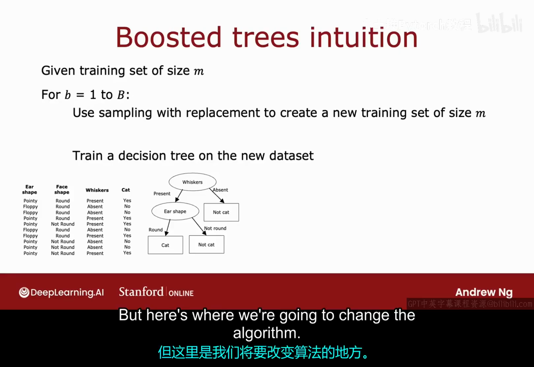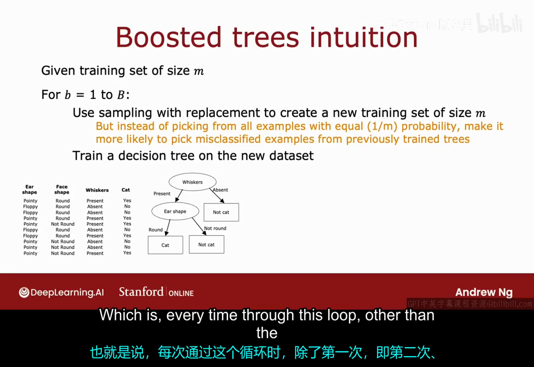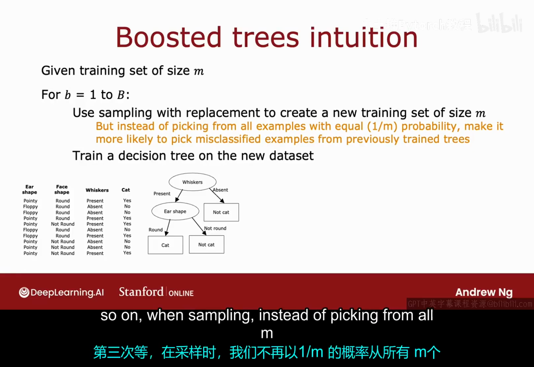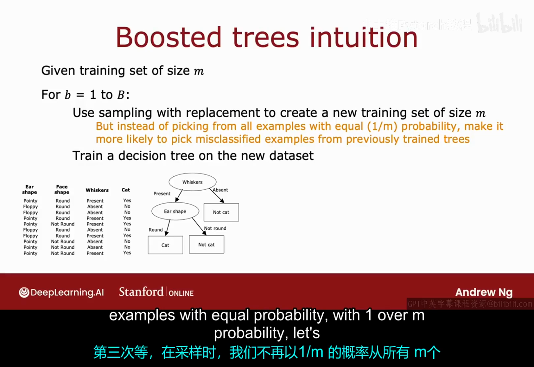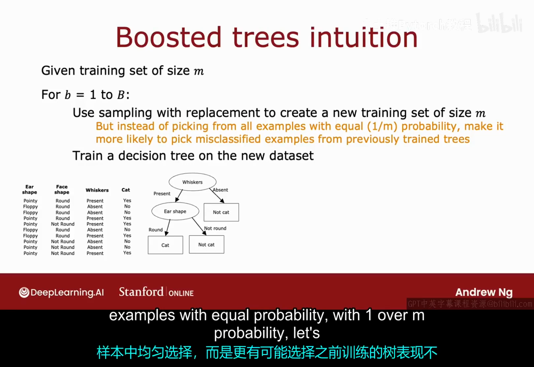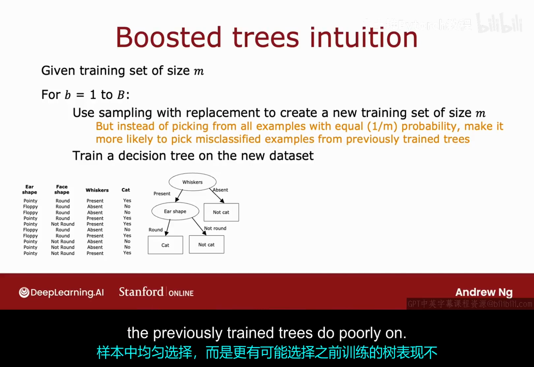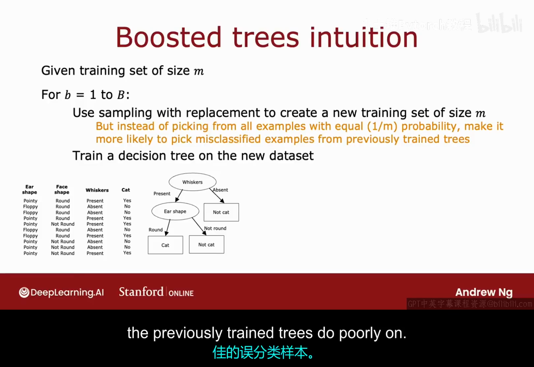But here's where we're going to change the algorithm. Every time through this loop, other than the first time, that is the second time, third time, and so on, when sampling, instead of picking from all m examples with equal probability, with 1 over m probability, let's make it more likely that we'll pick misclassified examples that the previously trained trees do poorly on.